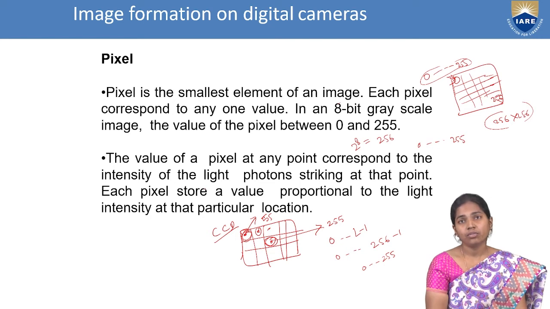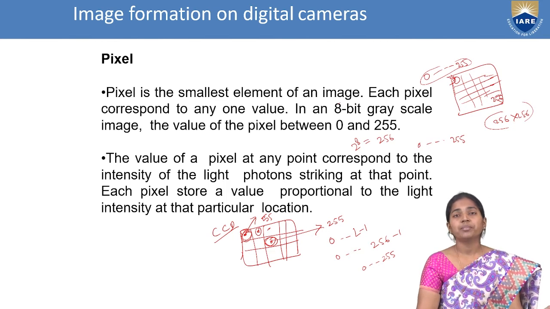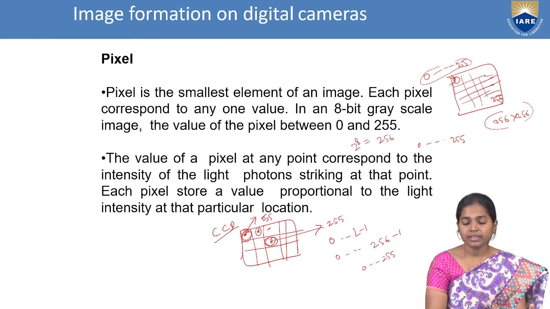If maximum light energy falls on the sensor, meaning photons strike at that point with maximum energy, it gives the maximum gray level value, and that value is stored in that particular pixel only.